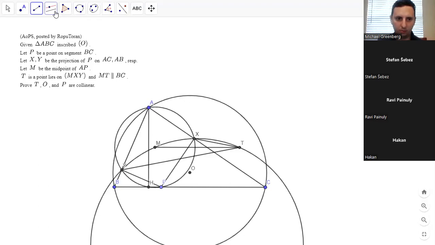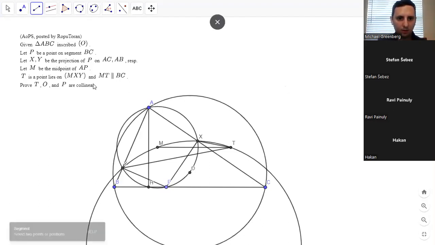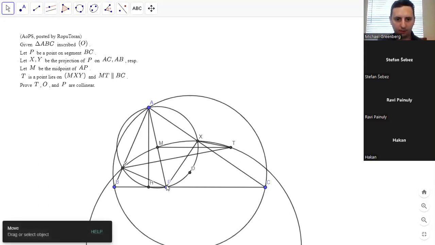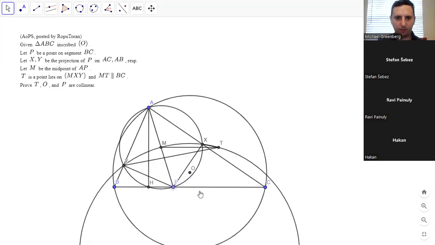All right. We want to show T, O, and P are collinear. I don't want to make it look like O lies on the circle. So something like that.